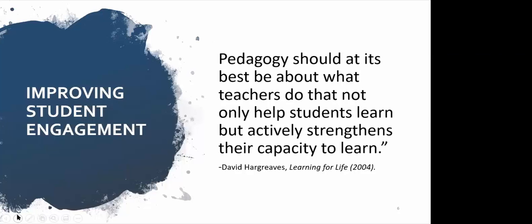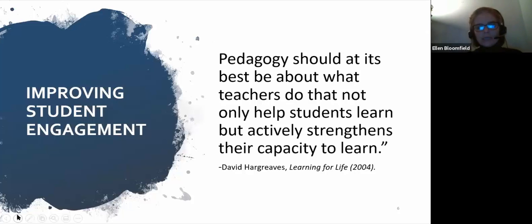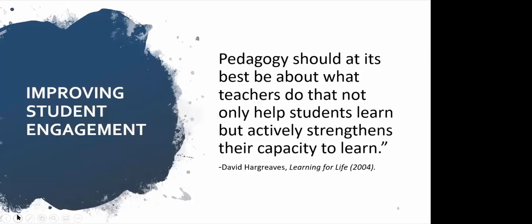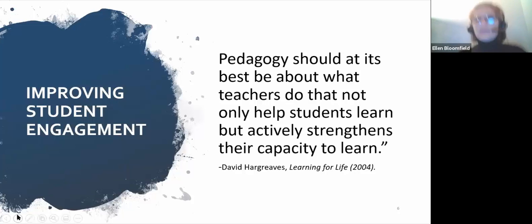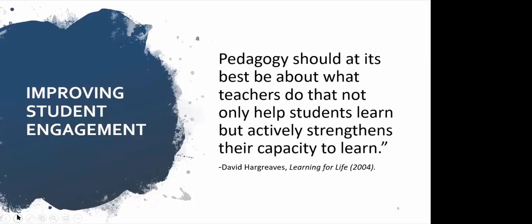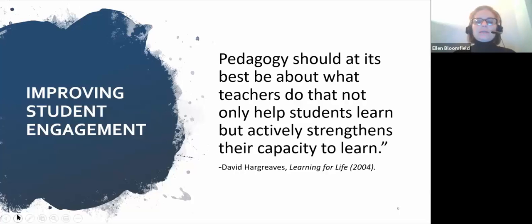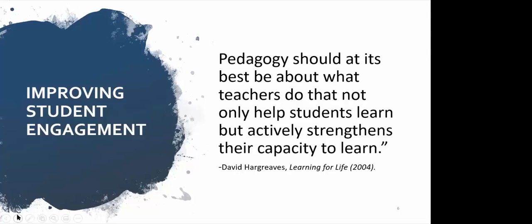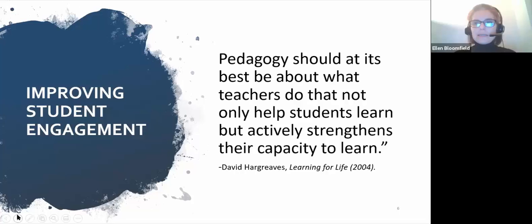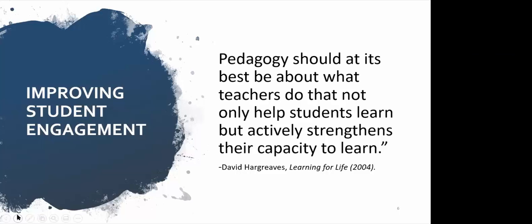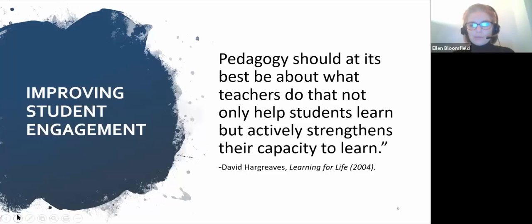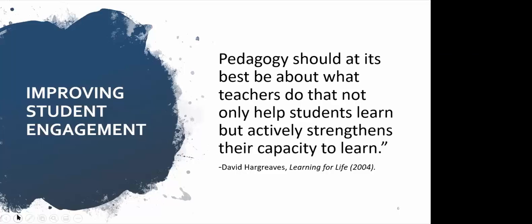Student engagement primarily and historically has been focused upon increasing achievement. So the earlier studies and research on student engagement asked, are they attending school? Are they passing? And what has happened is there's been a shift in defining student engagement, where now it involves, are they learning?